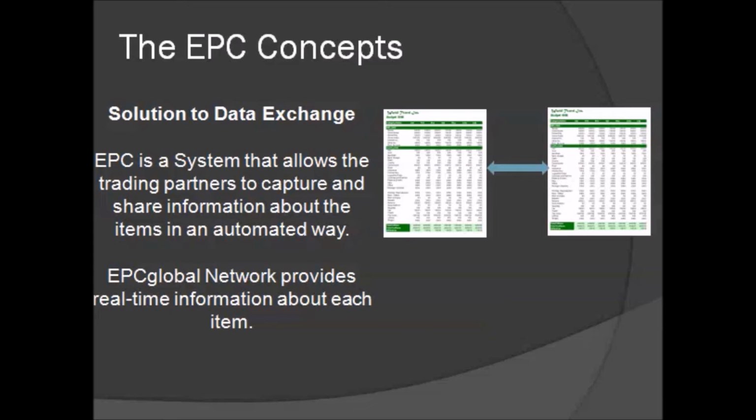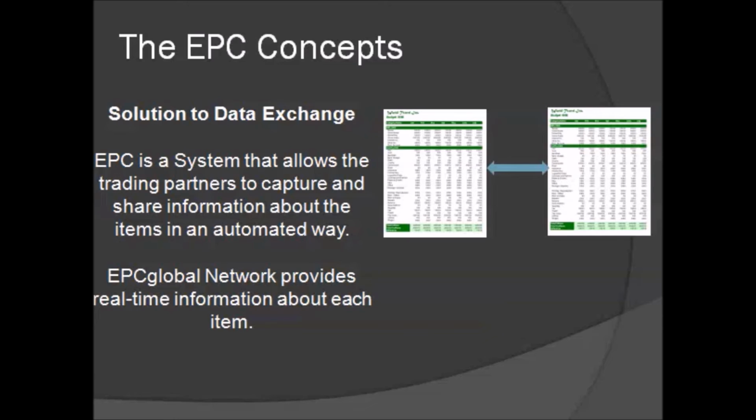So EPC Global Network is a system that provides the real-time information about each item. This information captured or filtered by the RFID system or other IT system can be stored in the database.